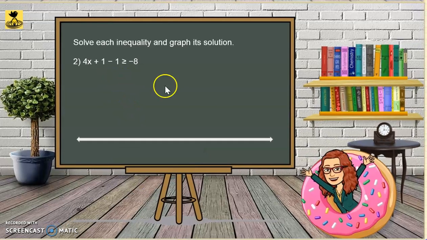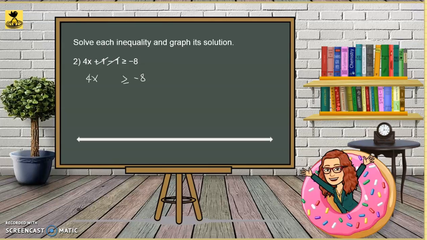If we notice here, class, in 4x plus 1 minus 1, the plus 1 and minus 1 can be cancelled out because plus 1 minus 1 is just equal to 0. What we have left here is 4x, and on the other side is greater than or equal to negative 8.